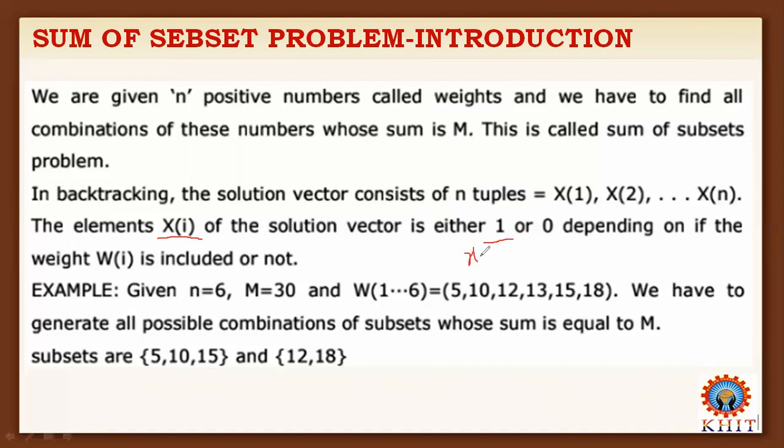X of i equal to 1 means the element is to be selected, whereas x of i equal to 0 means the item is not to be selected. So clearly observe that you have the choice property, either select the item or not select the item in a stage-wise manner. If you select the item, the weight is to be considered. If you do not select the item, the weight is not to be considered in a stage-wise manner.